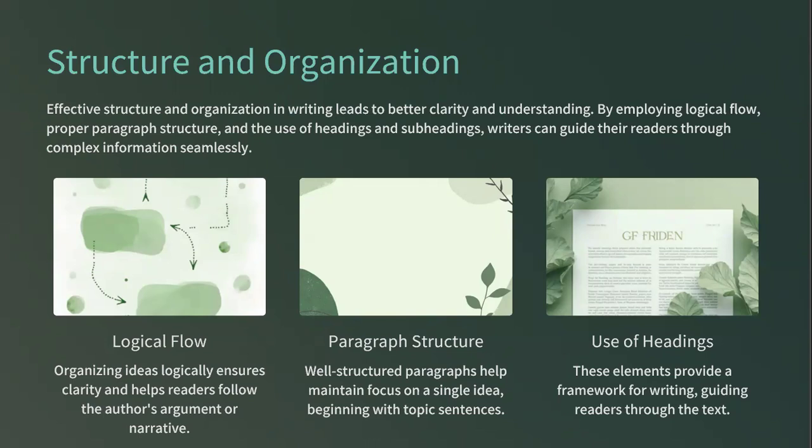Next, another important thing that plays a vital role to make a composition of any author captivating, engaging, and appealing is the structure and organization. Structure and organization play a key role in the effective use of language because they help to shape how the ideas are presented and understood by the reader.